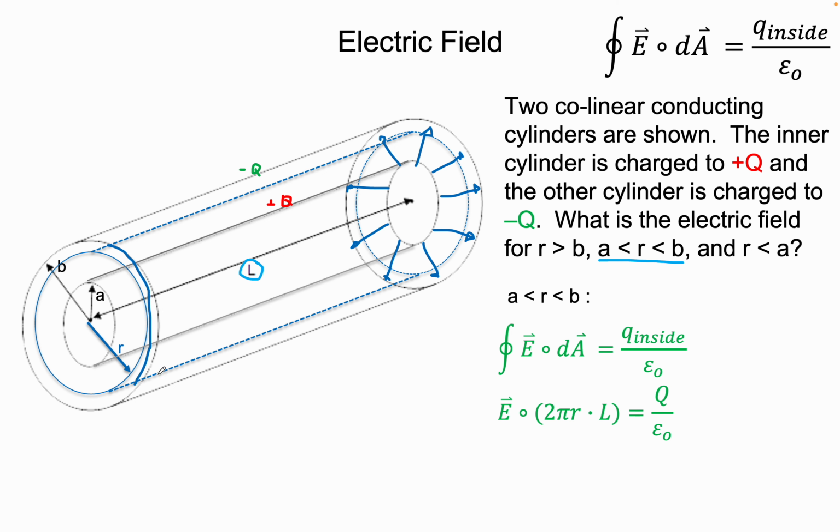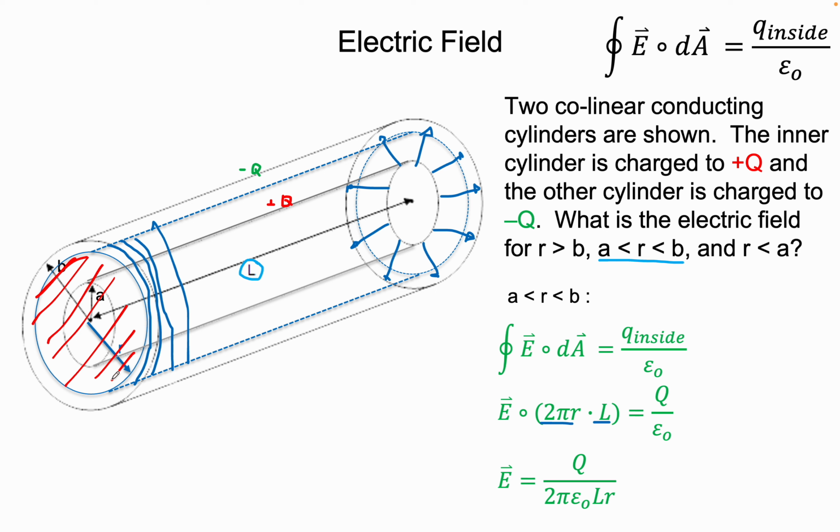So the field is just going through this outside skin of this little piece right here. So the area of that is just 2 pi r, the circumference of this, times L, the length of it. There is no field going through these two end caps, these pieces right here, if you think about it that way. All right, so solving that, what's the field in between? And the answer is that.